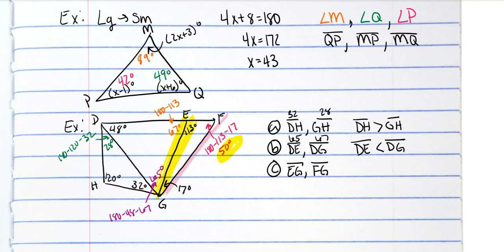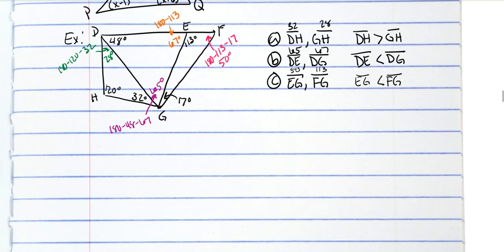So FG is this side, which goes with the 113. Obviously, 113 is way bigger, so this one goes with 113. This one goes with the 50, so EG is less than FG. Or smaller than. Which you can kind of tell even just from the picture. But again, you don't want to ever assume anything.